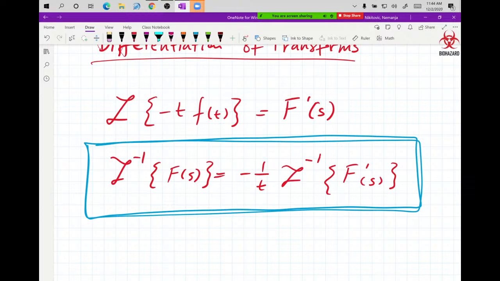Let's see if I can find something in the homework that would work. Okay, so let's find the inverse transform.